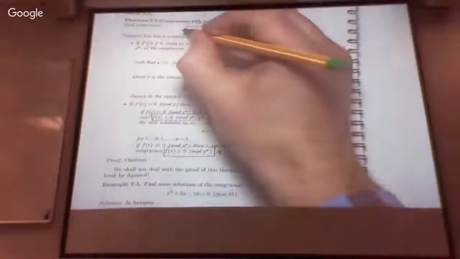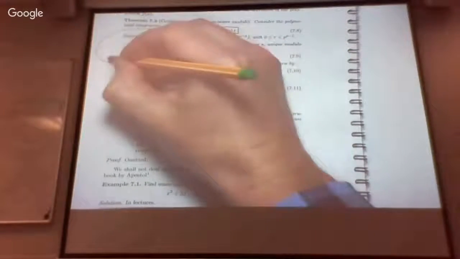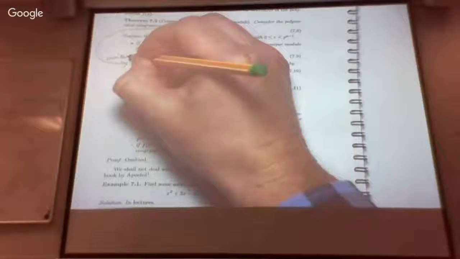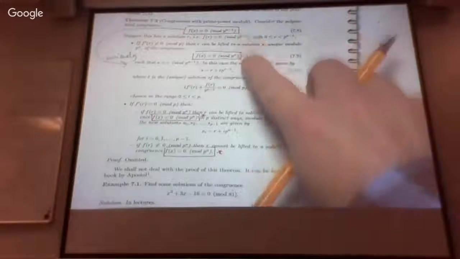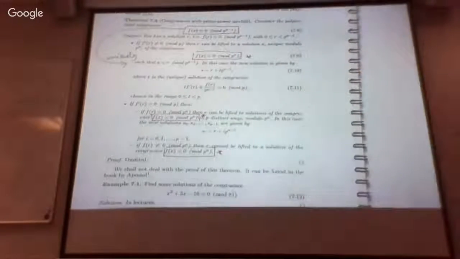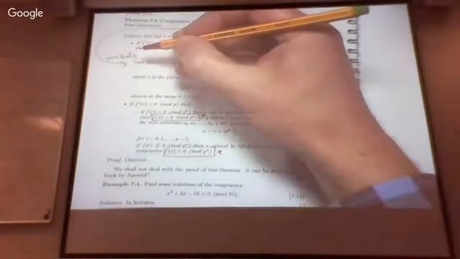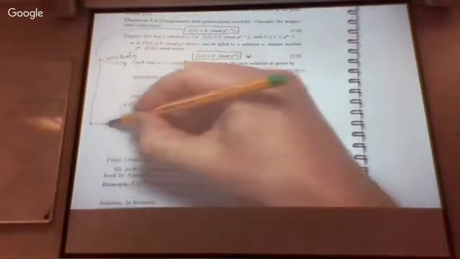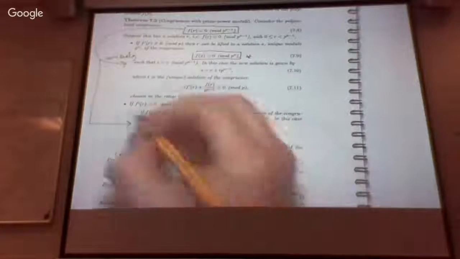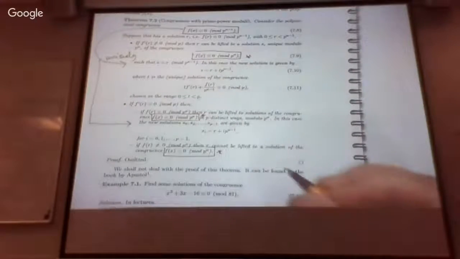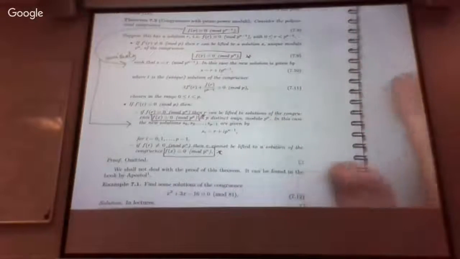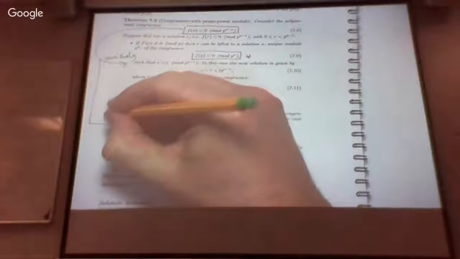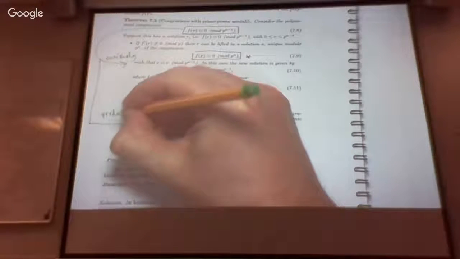And the type of lifting that goes on, here the solution lifts uniquely. So your one solution to the polynomial modulo p to the a minus 1 produces one solution to the next power. In this part, I'm tempted to say the solution bifurcates, but that's not quite right. It produces many solutions.